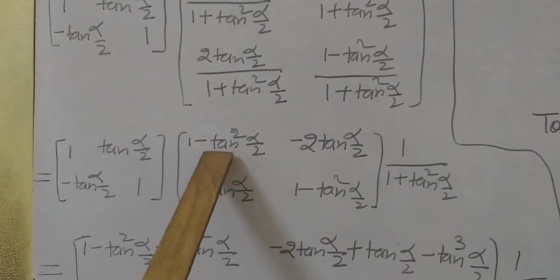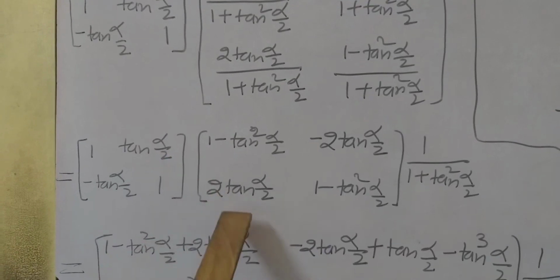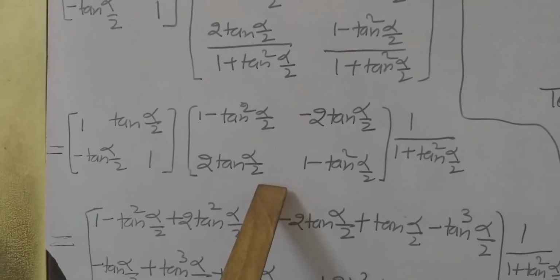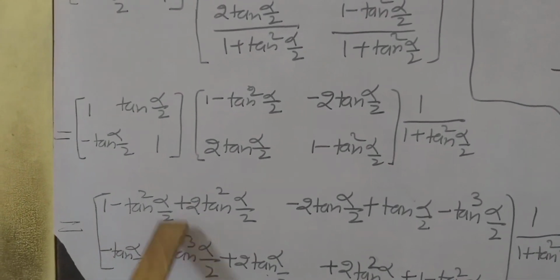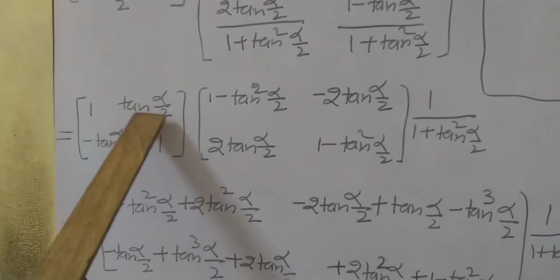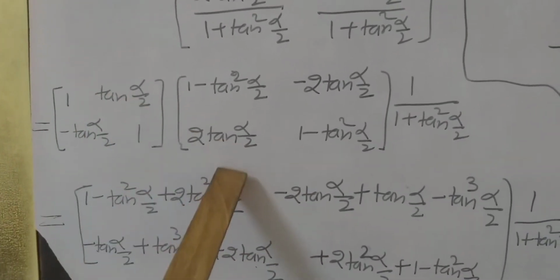1 multiplied by 1 minus tan square alpha by 2, and tan alpha by 2 is multiplied by 2 tan alpha by 2. So 1 into this, 1 minus tan square alpha by 2, tan alpha by 2 into 2 tan alpha by 2, 2 tan square alpha by 2.